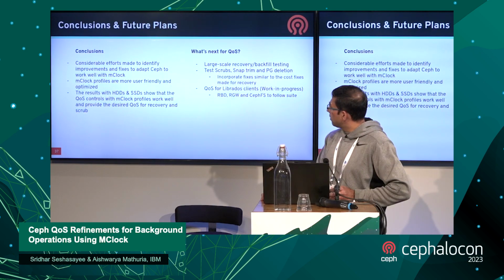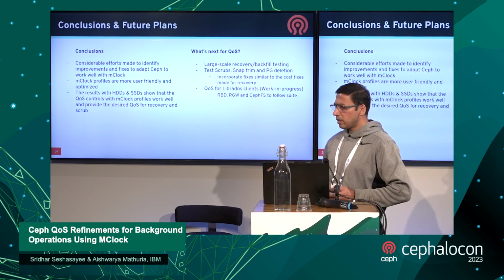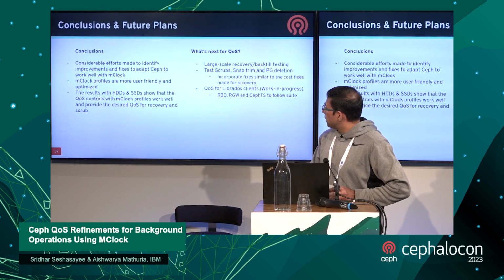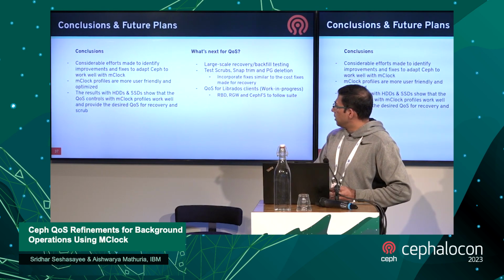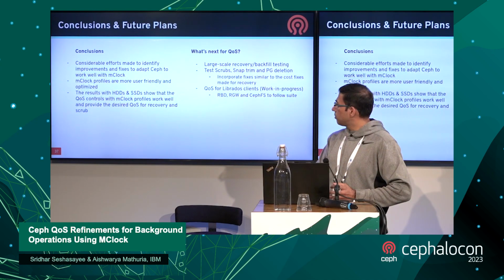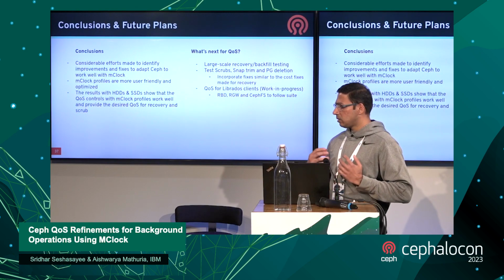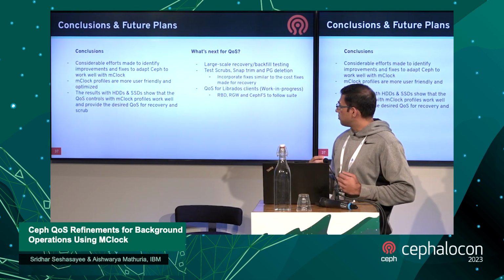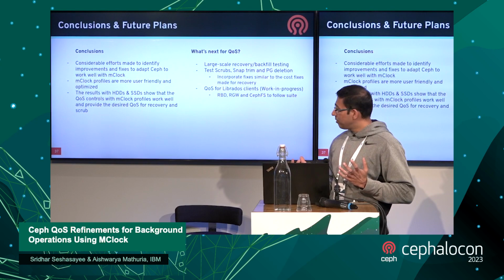We're quite happy and confident that when we test it at scale, we're going to see similar numbers. And we should be able to make this available in the coming downstream release, hopefully. The other interesting thing is the MClock profiles are more user friendly. So this ties in with the efforts to make Ceph more user friendly, with fewer config options to configure.